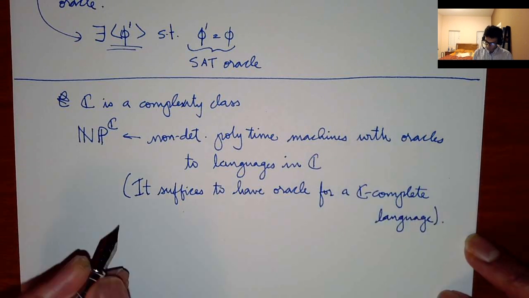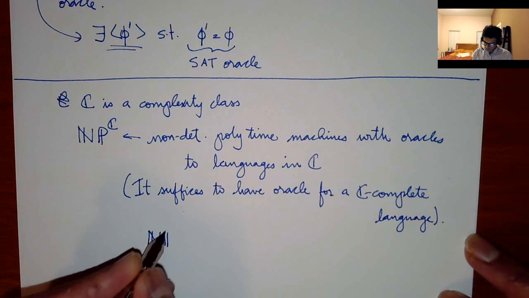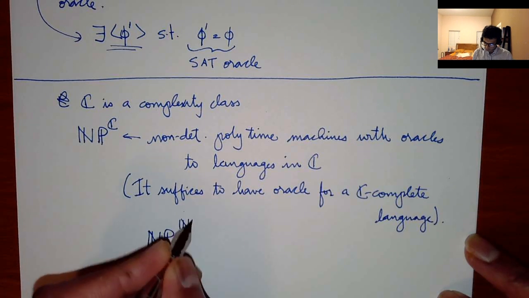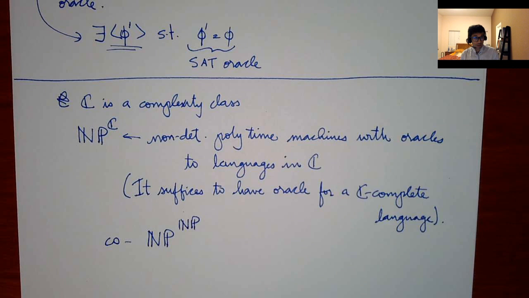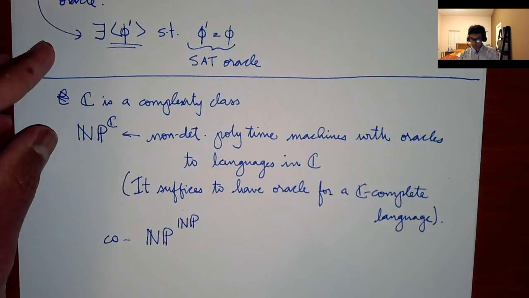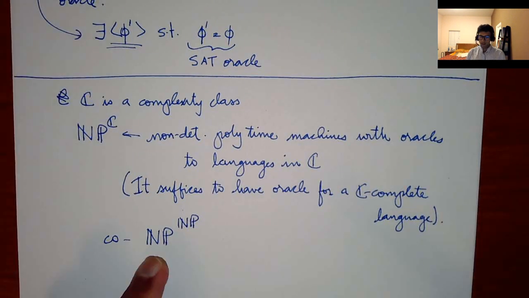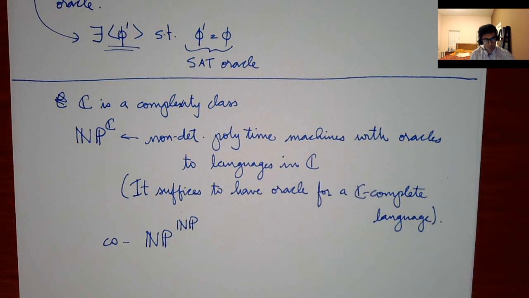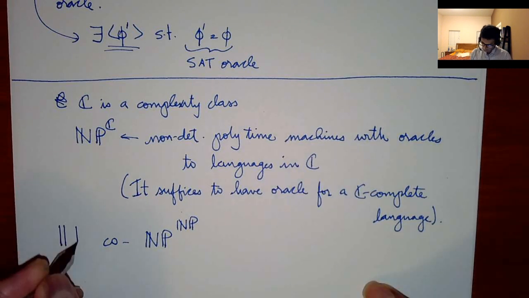And so what we saw over there can also be written as NP to the NP, or technically co-NP to the NP. It's an NP machine that has access to an oracle that can solve an NP machine. So NP to the NP is actually more powerful than NP. And indeed, this is where the polynomial hierarchy starts. This actually has a name.